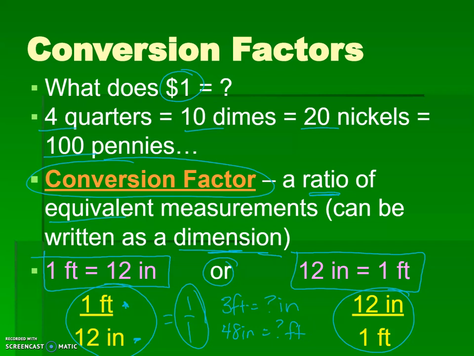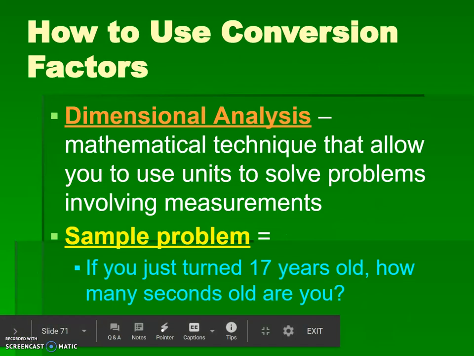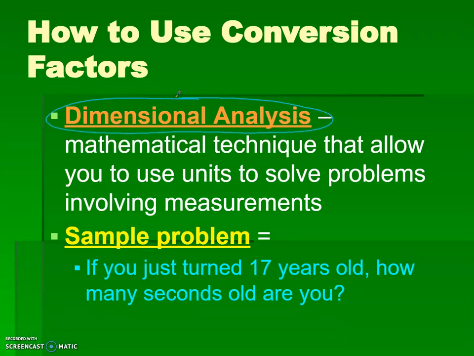So we're going to use a specific method called dimensional analysis in order to convert things. The reason we teach this technique at the beginning of this year is because we're going to use it all the time here in chemistry and next year when you have physics as well. It allows you to use units as conversion factors to get between different units.